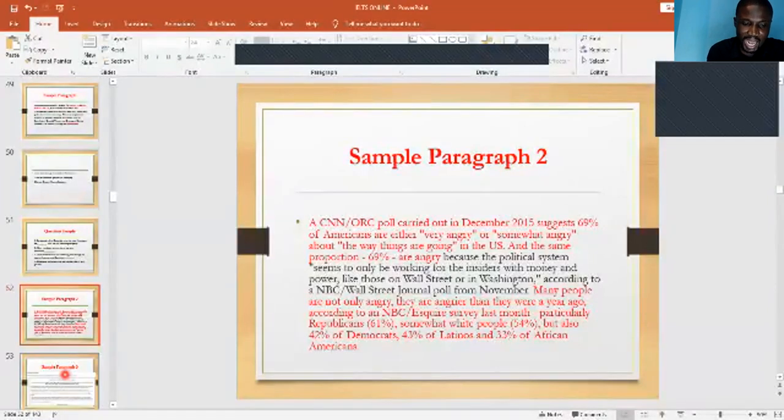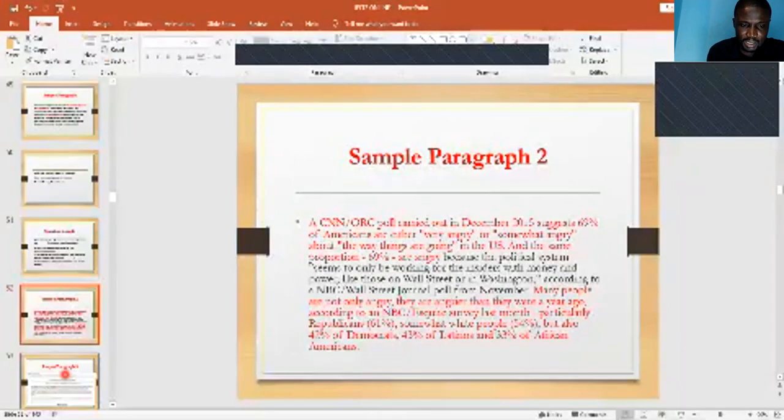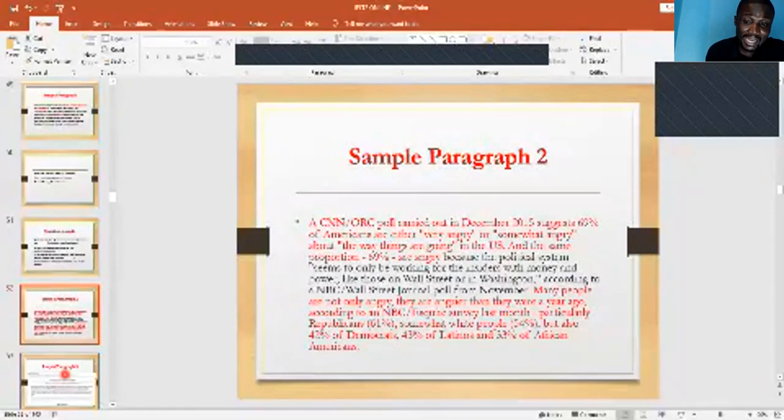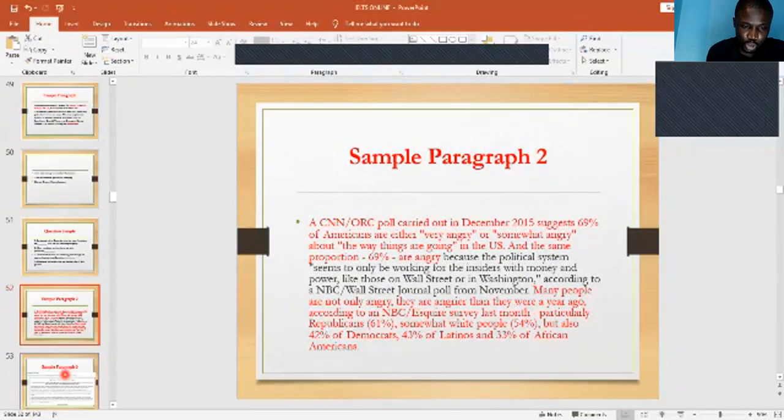If you are looking at this passage, what is the passage talking about? The passage is giving us the statistics of Americans that are hungry. Because if you look at it very well, the first statement is saying one poll shows that this percentage of Americans subdivided them.